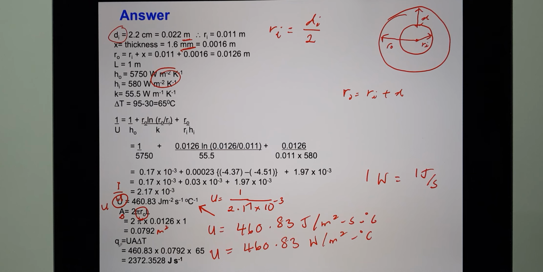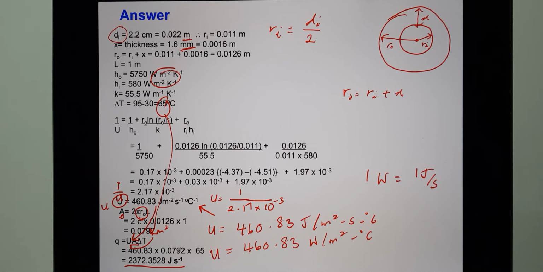Then use the equation Q equals UA delta T. Put in the value that you have calculated for U, then the value for A, and the delta T you have calculated from here, and you should be able to get this particular answer.